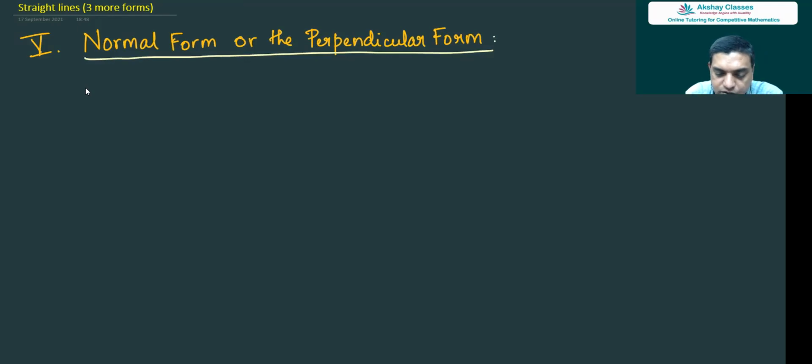Normal form or perpendicular form. Okay. Now, this is a very important form to understand.